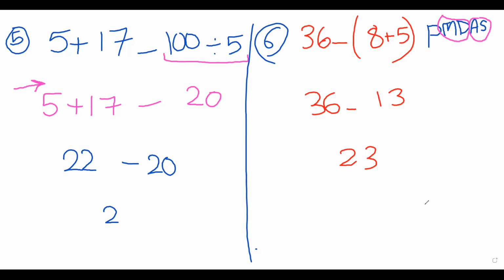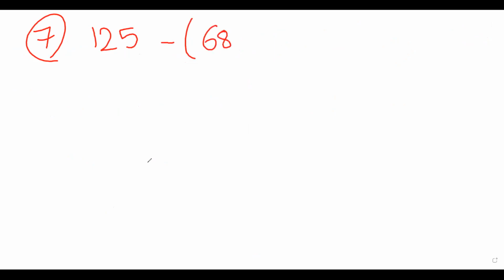Now, number 7. In number 7 here, we have 125 minus 68 plus 7.